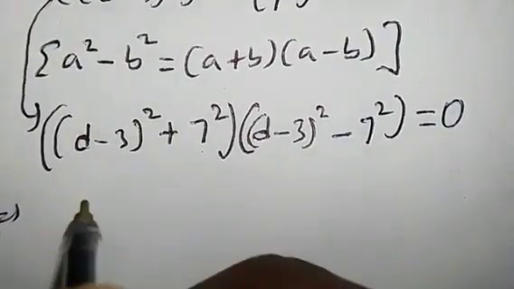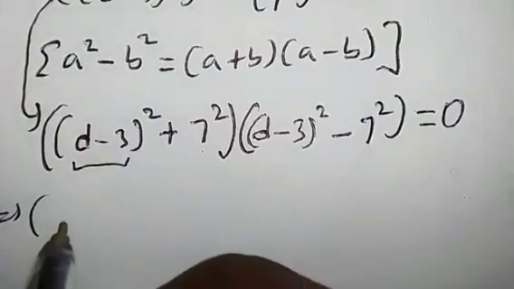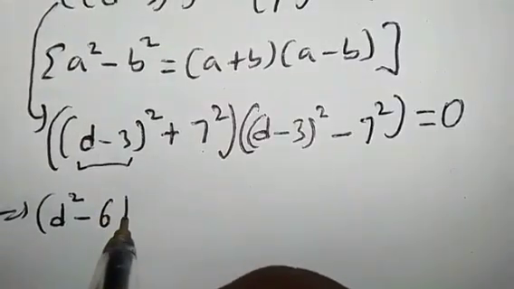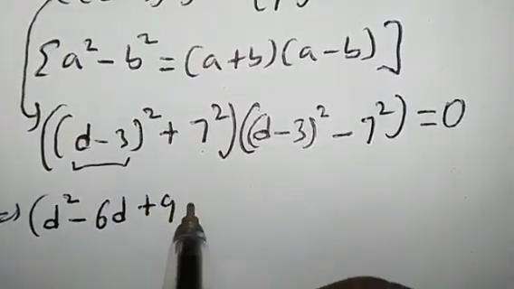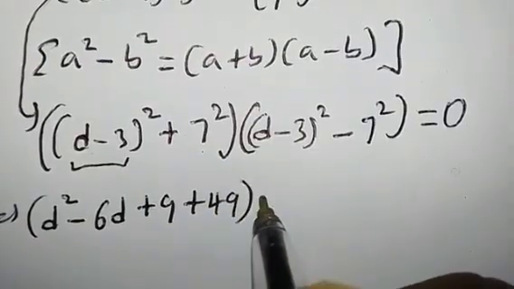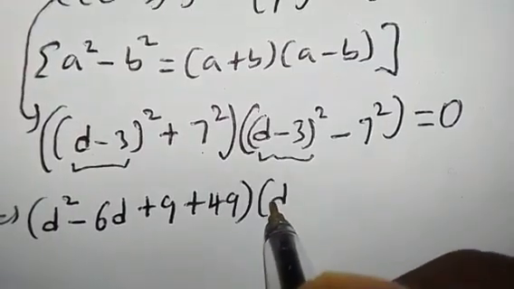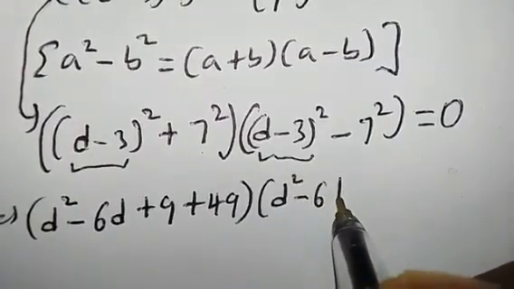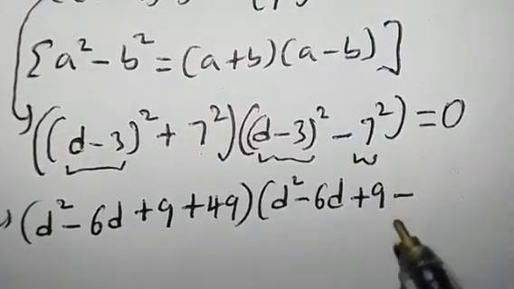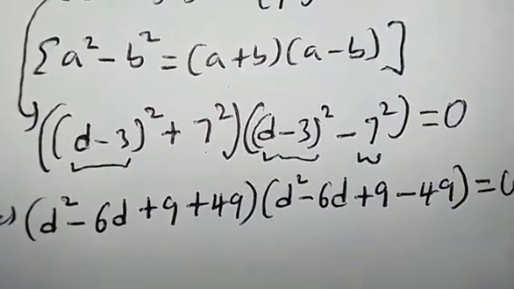If you expand this very well, (d − 3)^2 gives d^2 − 6d + 9, plus 7 squared, that is 49, times, expanding this also, d^2 − 6d + 9 minus 7 squared, that is 49, close the brackets, equal to 0.